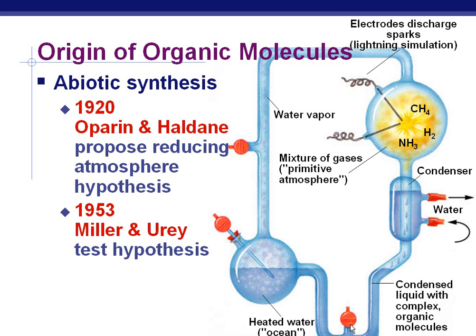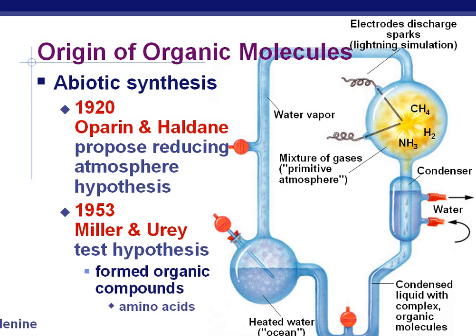In the liquid, when they would harvest them, they would find organic molecules. So in other words, these molecules would be formed in a warmer environment, but then when cooled would condense into something that could be more stable than it would in a gaseous form.